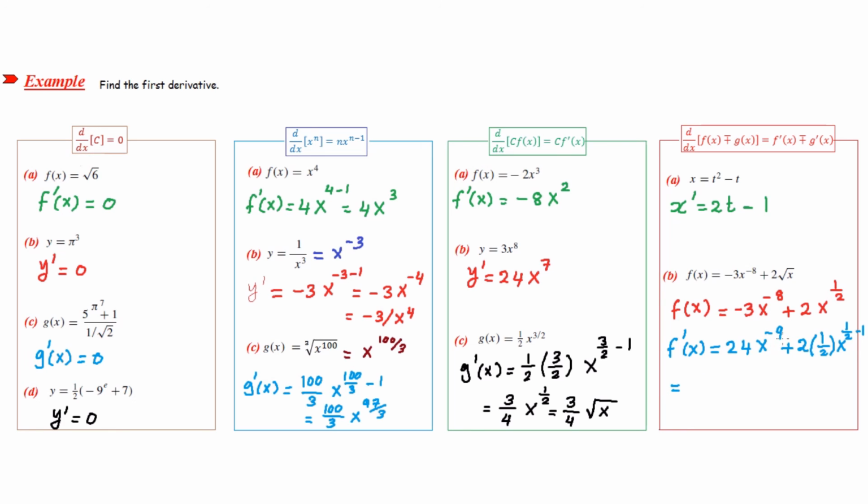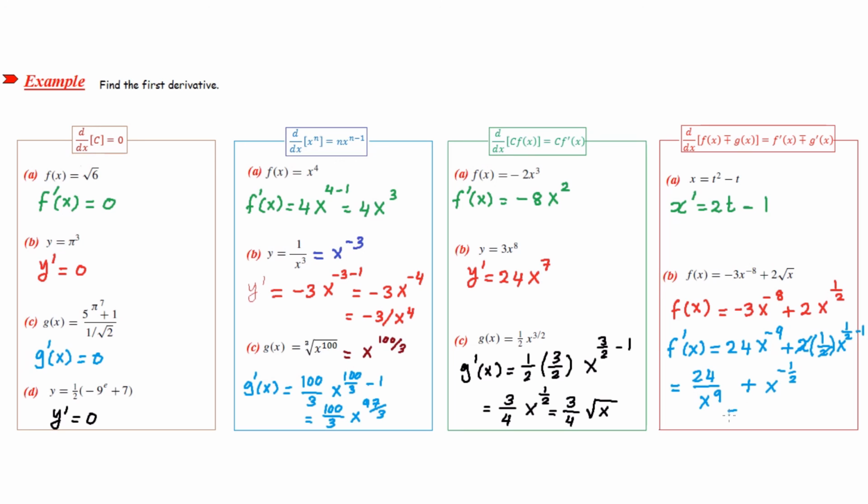You can write a positive exponent by rewriting the first term as 24 over x to the power 9. And here we have 2 multiplied by 1 over 2, which is equal to 1. x to the power 1 over 2 minus 1 equals negative 1 over 2.